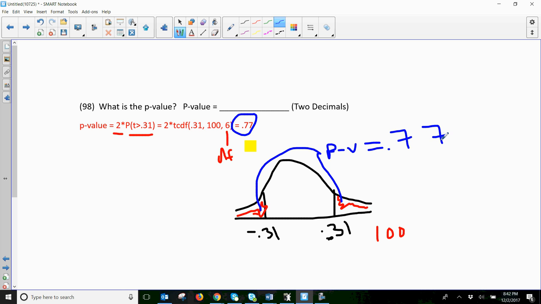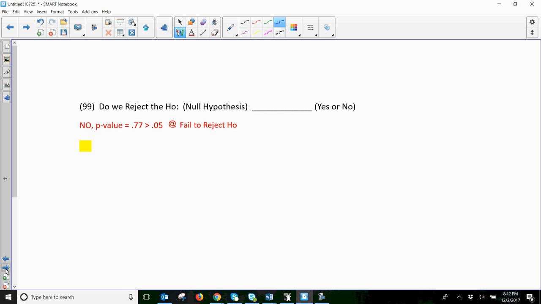So now we have to compare that to our level of significance. So in question number 99, it says, do we reject the null hypothesis? Well, again, if it's not given a level of significance, we just assume it to be 0.05. So 0.77 is much greater than 0.05. So again, this means that we fail to reject the null hypothesis. The null hypothesis is that the difference was 0, which means there was no difference between the means of the two groups.